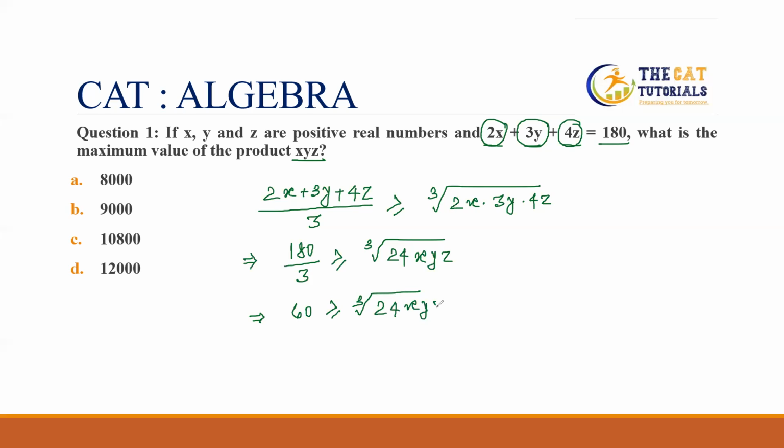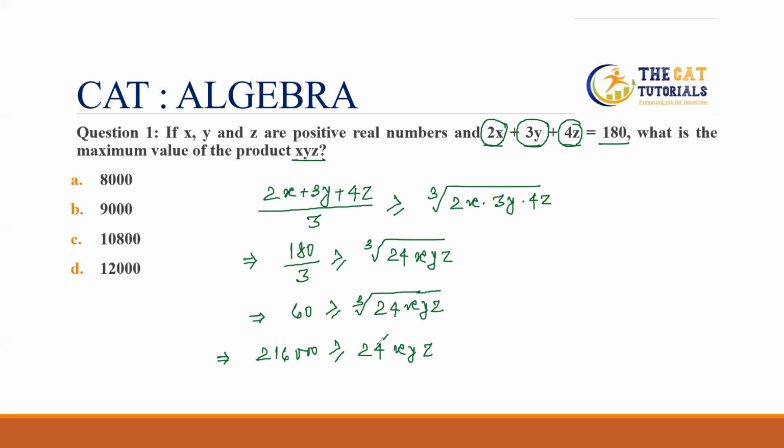So here I have applied only the rules. Now you have to solve this question. On the other side, we have the cube root. So how can you solve this? You have to take the cube on both sides. When we do the cube on both sides, 60 cube is equal to 216,000, which is greater than or equal to 24 times x, y, z.